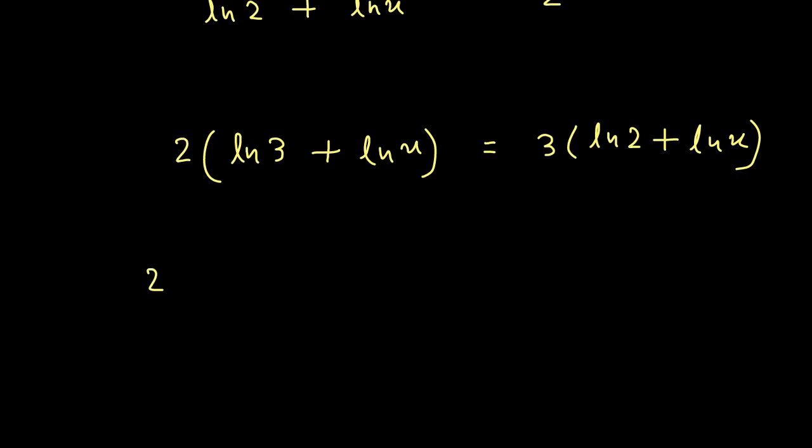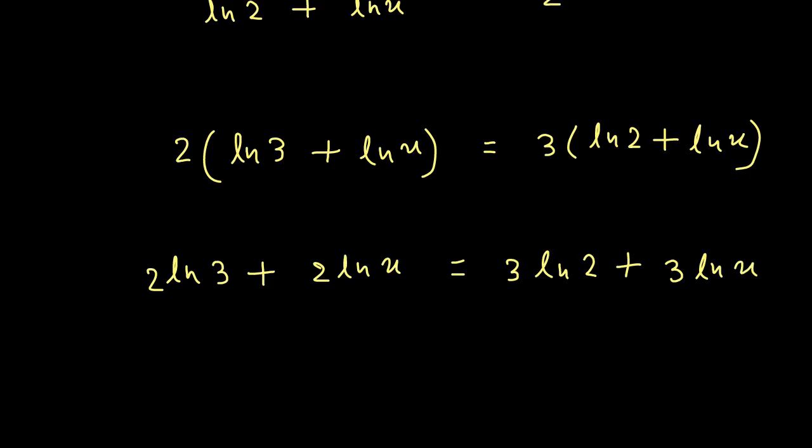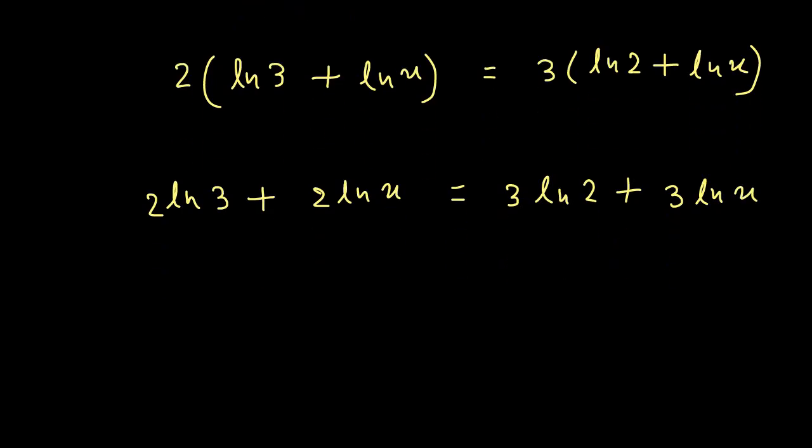Now we have 2 ln 3 plus 2 ln x equals 3 ln 2 plus 3 ln x. From log rules, we know that we can write a ln x equals ln x to the power a. So we'll apply this rule for 2 ln 3 and 3 ln 2.